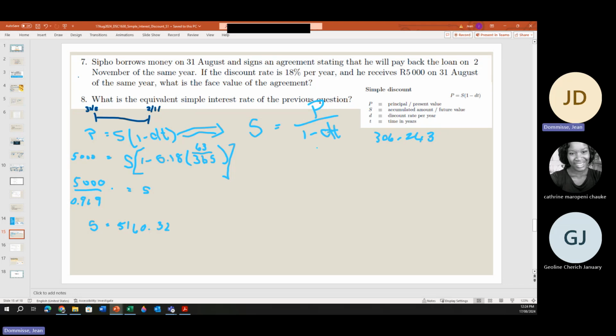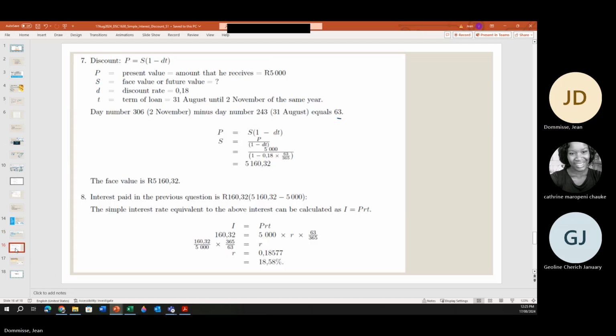Check what's easiest for you, because when you get to simple discount and simple interest, you will need to work it out with a formula. Let's quickly check if this was correct.